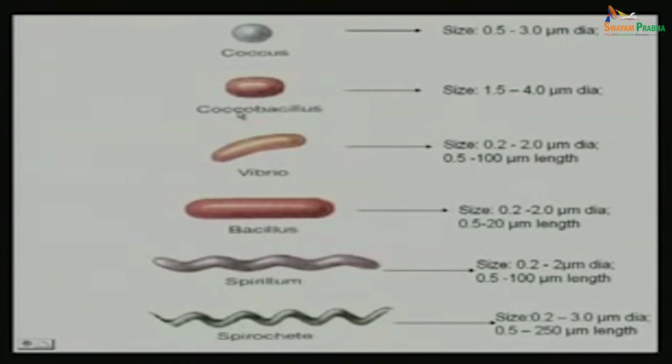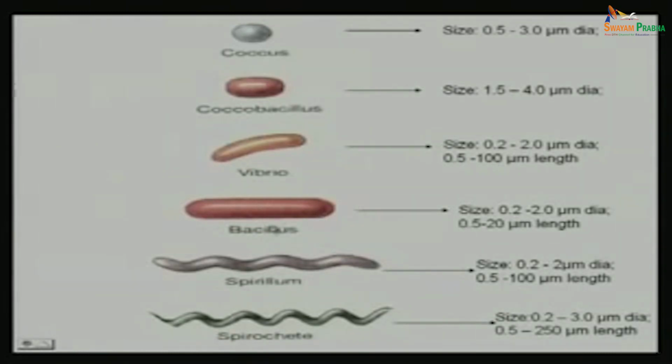In case of Coccobacillus, the oval shaped bacteria, its size varies from 1.5 to 4 micrometer in diameter. Vibrio is a comma shaped bacteria, and its size ranges from 0.2 to 2 micrometer in diameter and 0.5 to 100 micrometer in length.